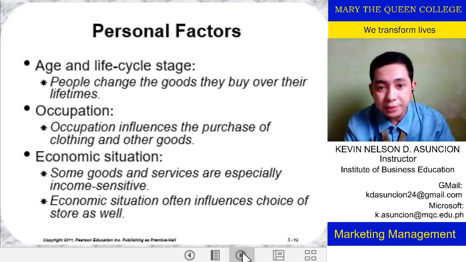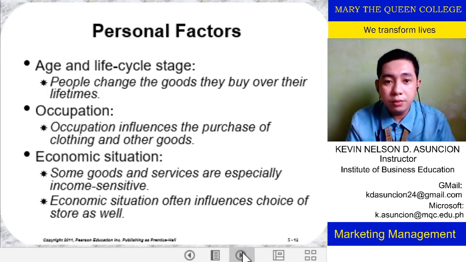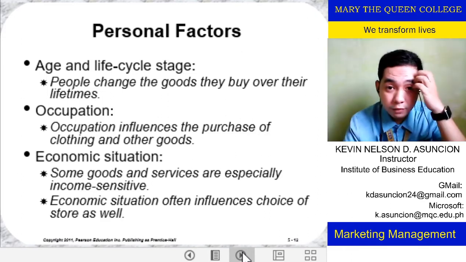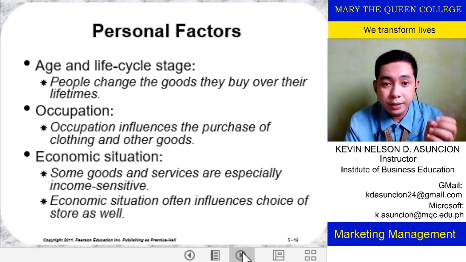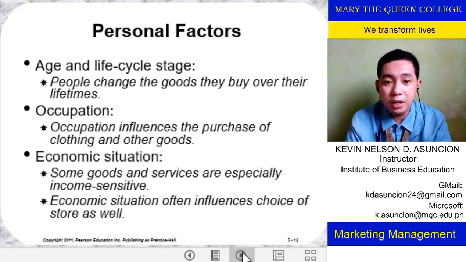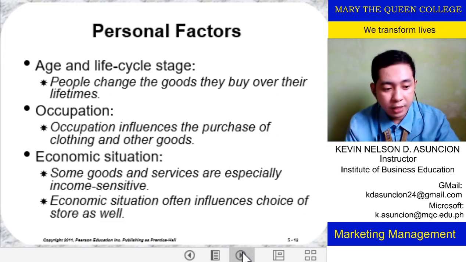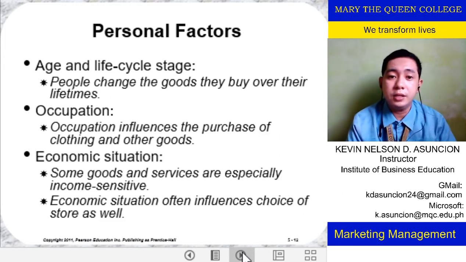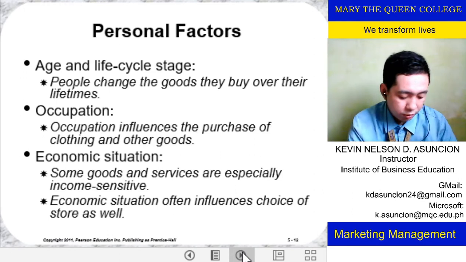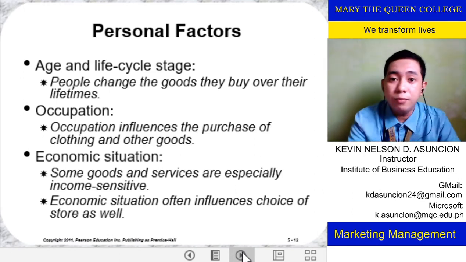So it depends, no? Okay, also we go back to the economic situation as part of the personal factor, that some goods and services especially are income sensitive, no? At some point these are the needs, no, the commodities that, syempre bibilin mo muna yung mga pangangailangan.